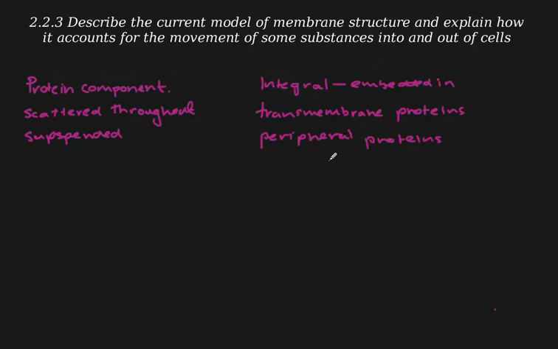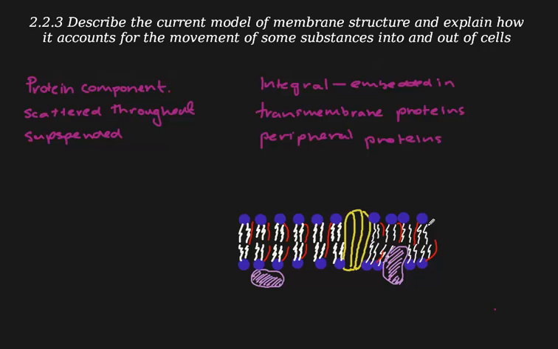Now the proteins are often described as floating in the lipid bilayer. So in this drawing we can see both the phospholipids with their hydrophilic head and hydrophobic tails, and tails pointing in towards each other. We can also see a number of other things.